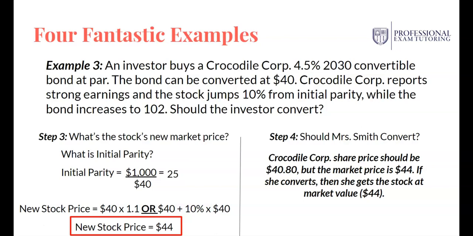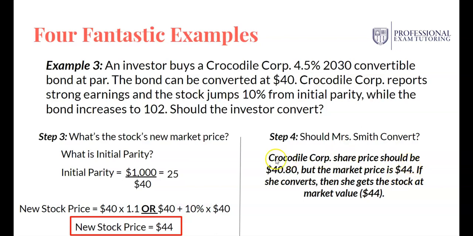When a bond is trading at 102, we know that in order for it to still be in parity, the stock should be trading at $40.80. But we see in the market it's actually trading at $44. So if you were to convert this bond into a stock, you would actually get the $44. You get what the market price is currently.